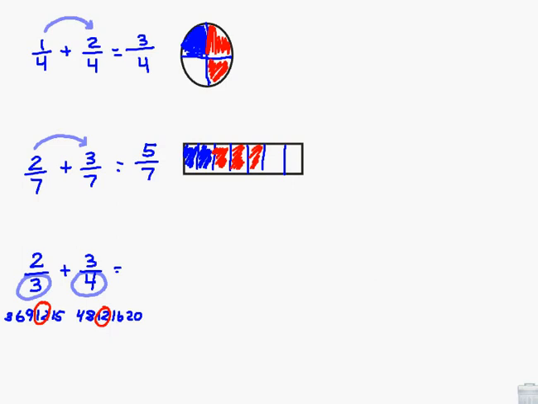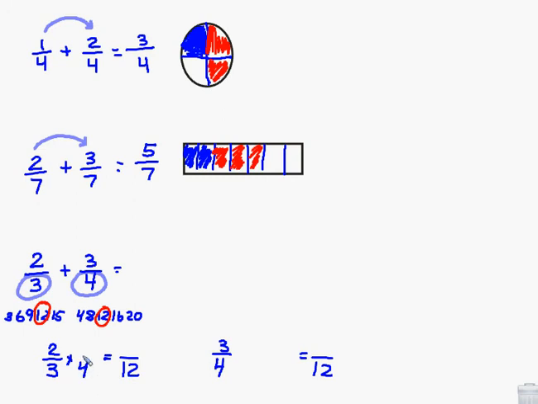So now what we have to do is figure out how 2/3 can be equal to a number in twelfths. And then we have to do the very same thing for 3/4. So for 3 to become 12, we have to multiply by 4. 3 times 4 is 12.